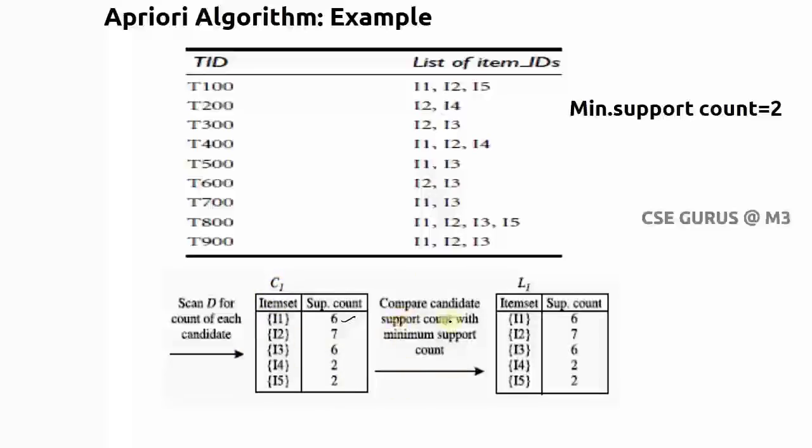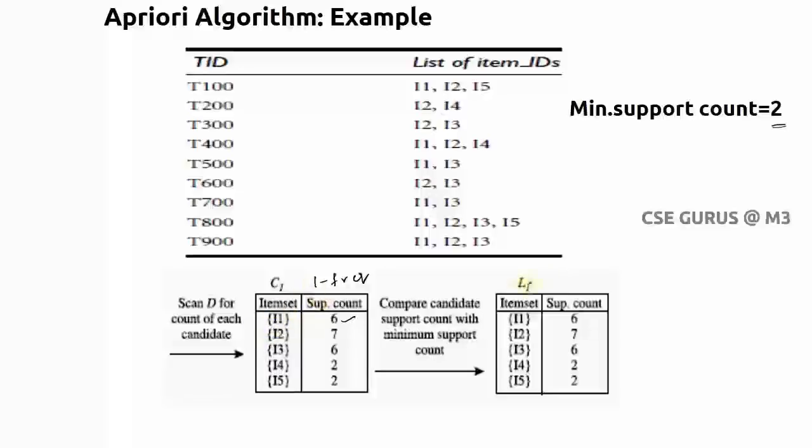The next step is to compare the candidate support count with the minimum support count, which is given as 2. Here we call C1 the one frequent item set, because in each record only one item is there.